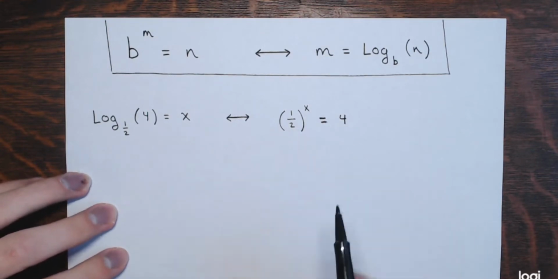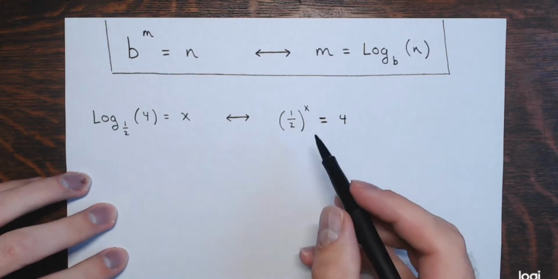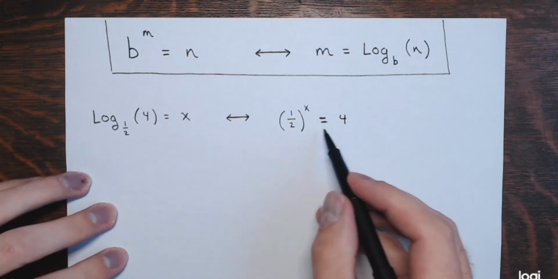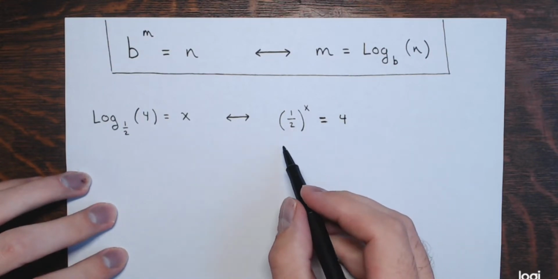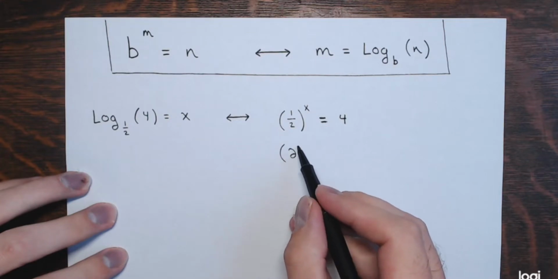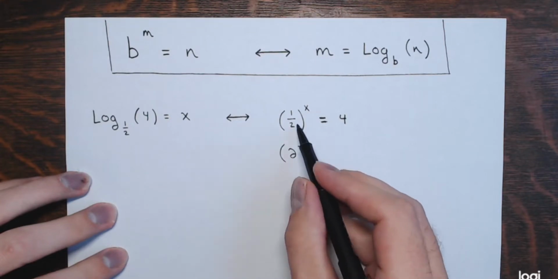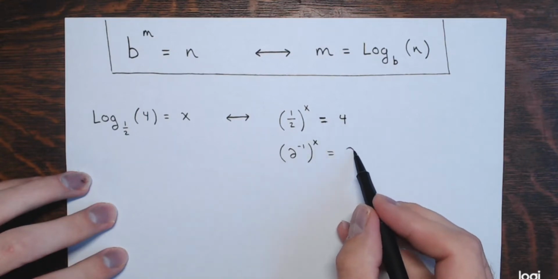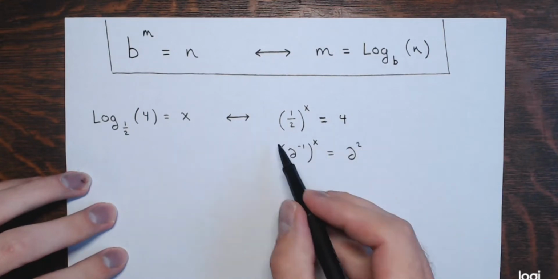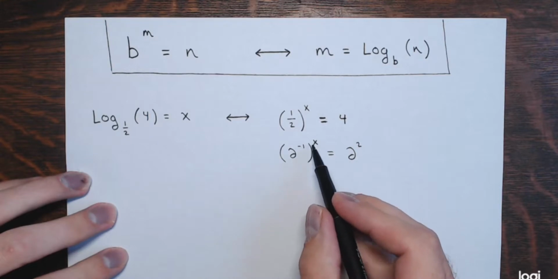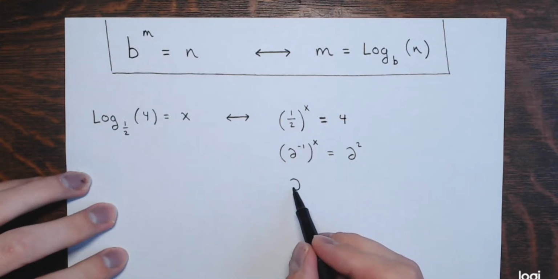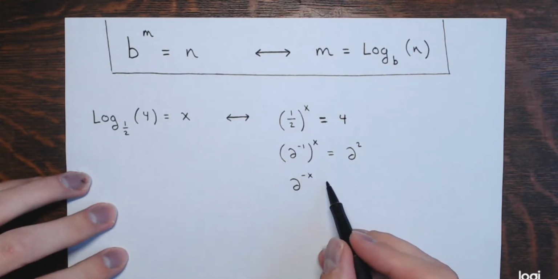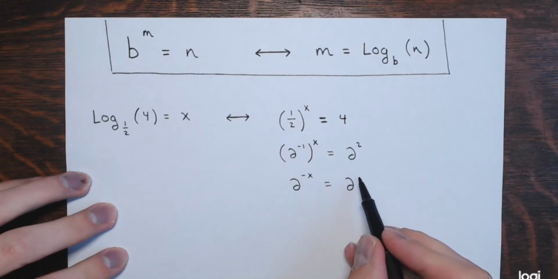If you remember section 10.2, there was a 1-to-1 property for exponential equations. 1/2 is actually 2 to the negative first, and then 4 is 2 squared. With the power to a power property, this is 2 to the negative x equals 2 to the second.